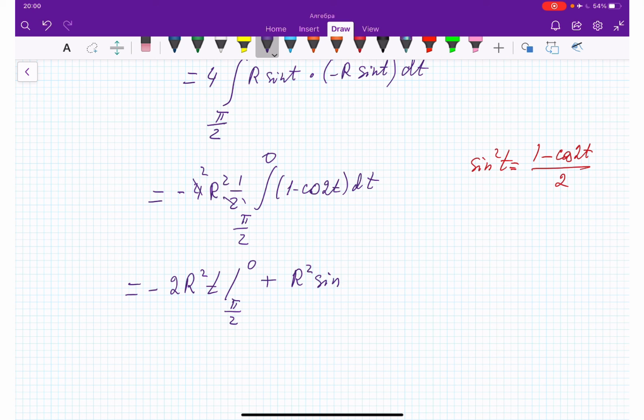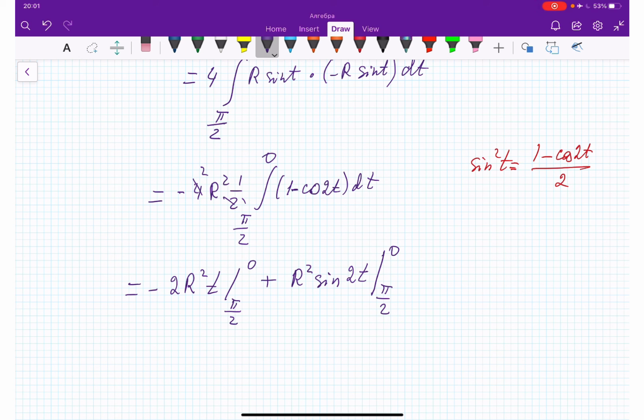So this way we are getting r squared sine 2t. And why did it become plus? Because we have the negative cosine 2t, and with this negative it becomes positive, right? And here we have pi over 2 to 0. What are we going to get from here? It's very easy.